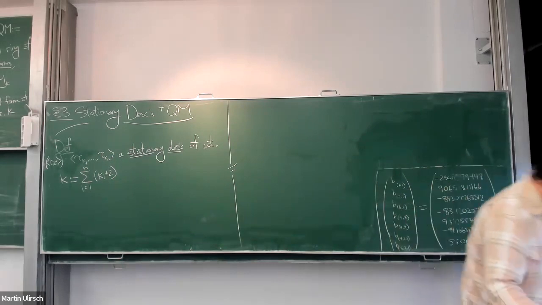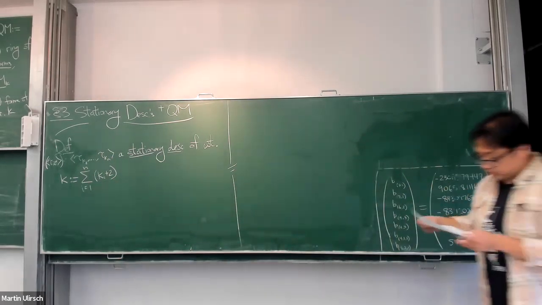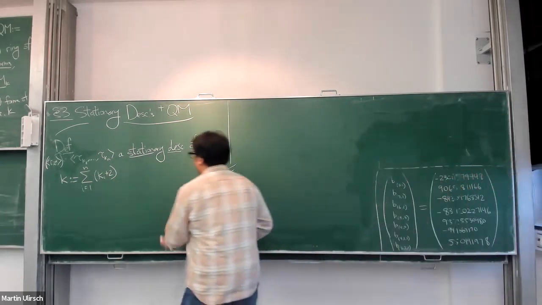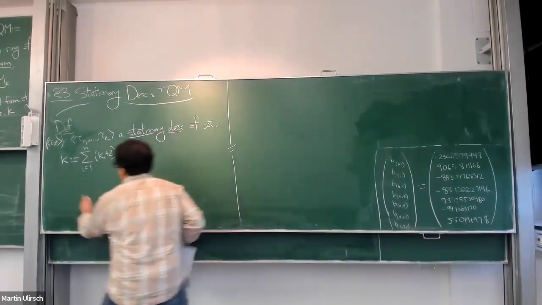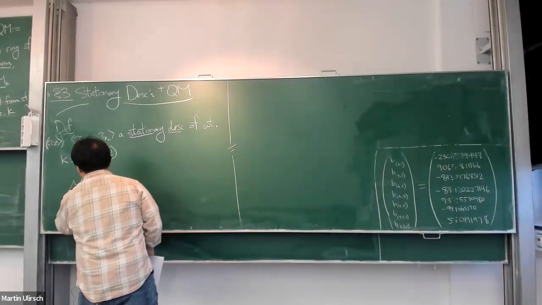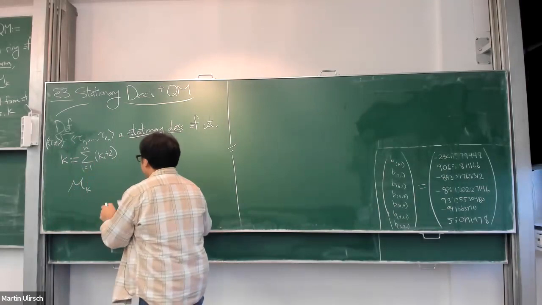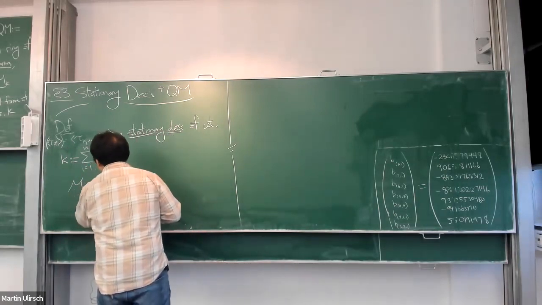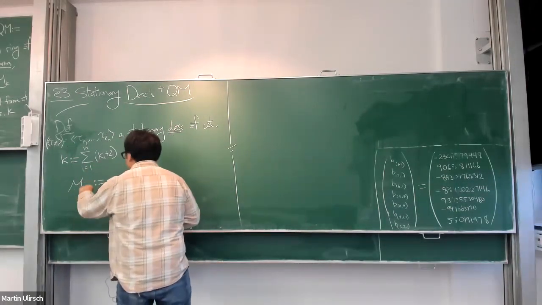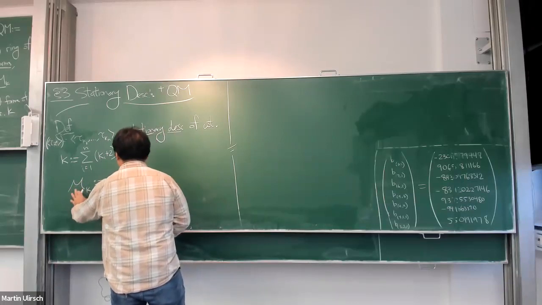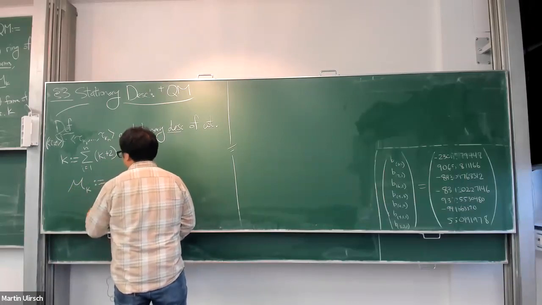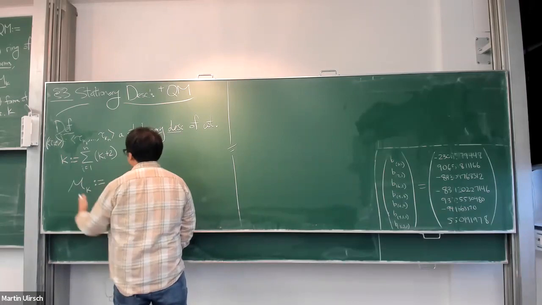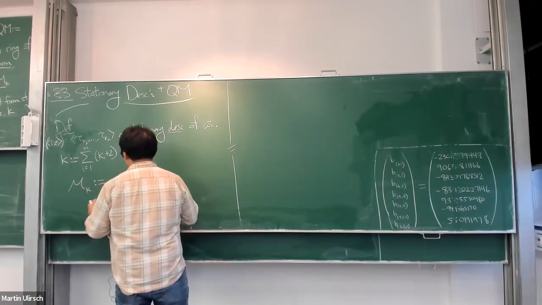And I'm going to define m sub k. I'm going to introduce this matroid, which essentially will make the statement of certain results cleaner in a second.